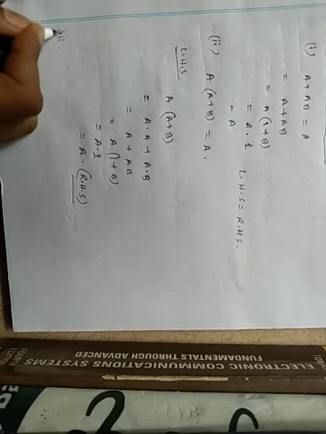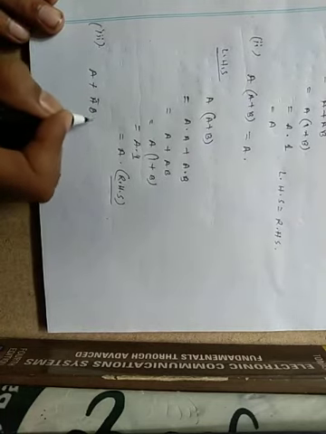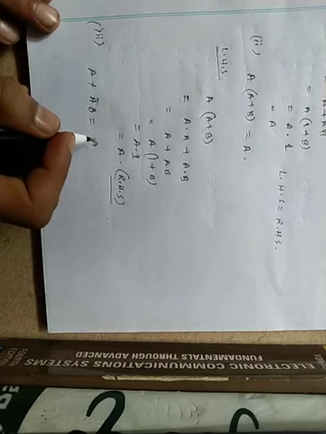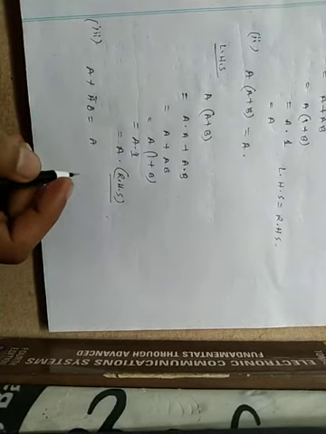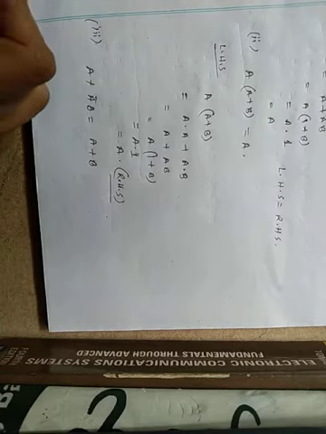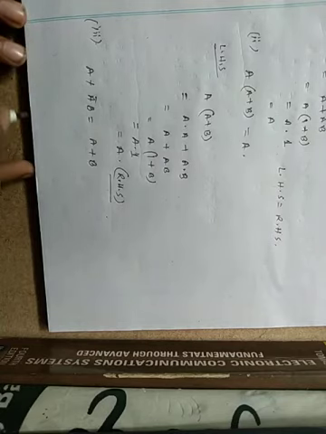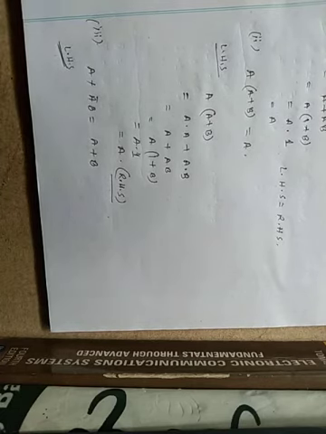So after that, number 3 is A + A'B = A + B. Left hand side is A + A'B. According to the distributive law, A + BC equals (A + B)(A + C).